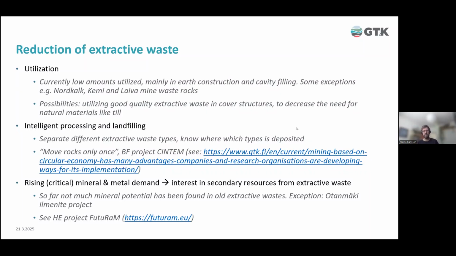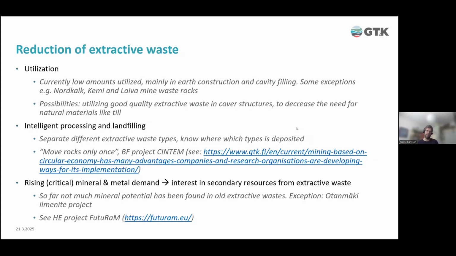There are some exceptions. For example, obviously the carbonate mines, Nordkalk, have a quite high percentage of utilization of their waste. And also, for example, the Kemi and Laiva mines have recently nicely used their waste rocks outside the mine site also.